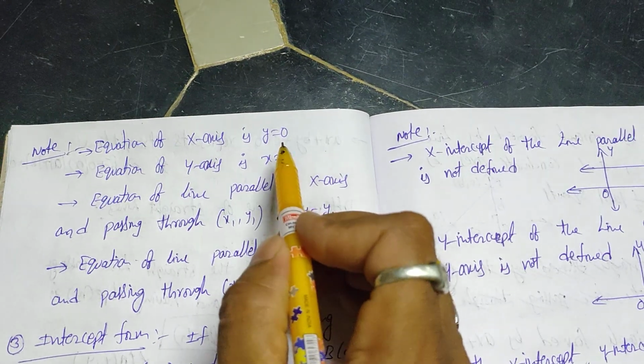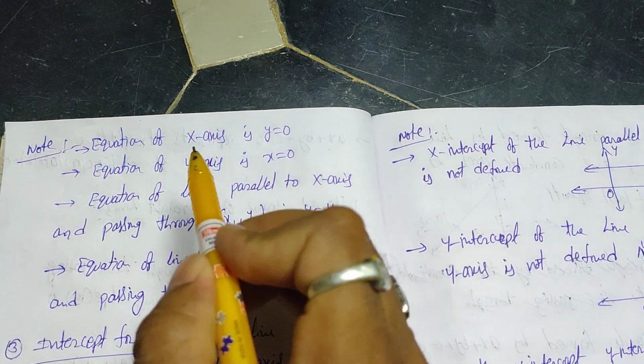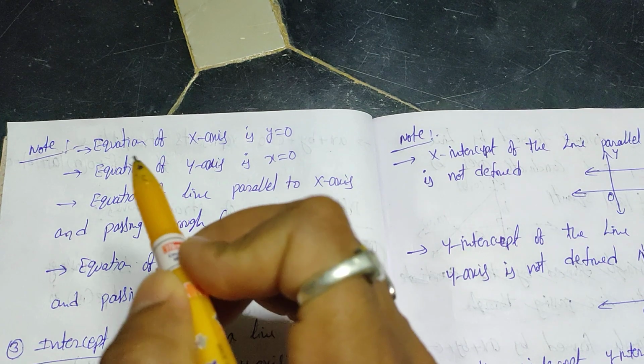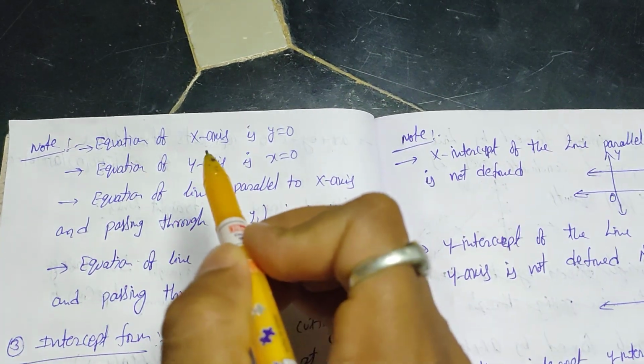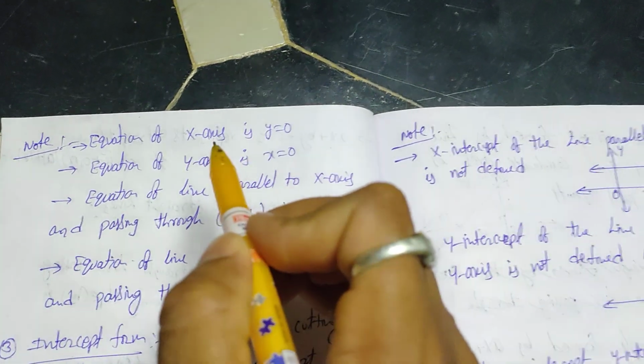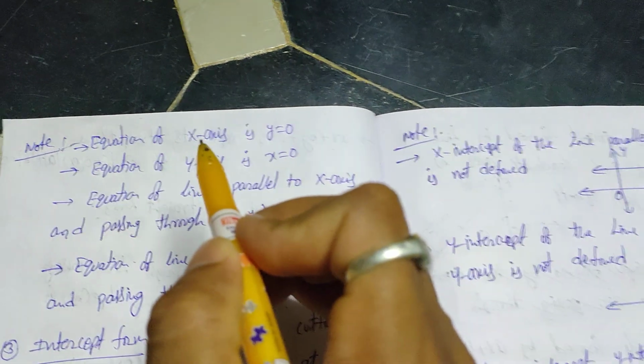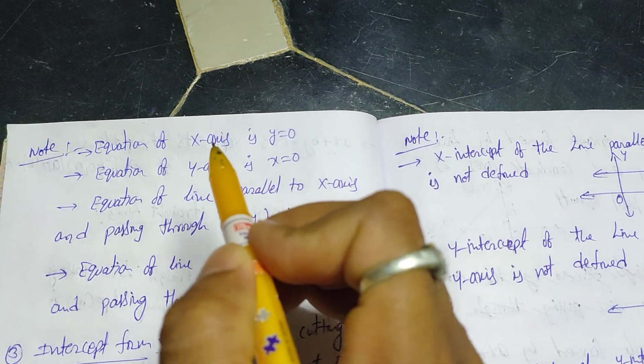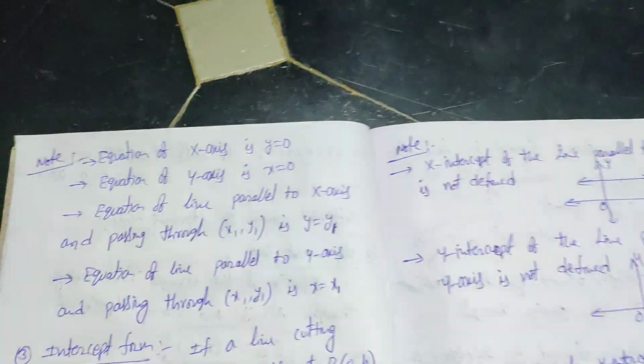Okay, so y is equal to 0 means any point on this x-axis is nothing but some x1 comma 0, because the y coordinate is equal to 0. If you take x1 comma 0, that means the y coordinate is 0.